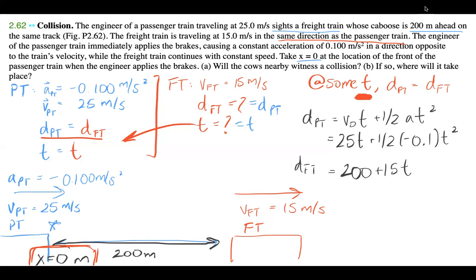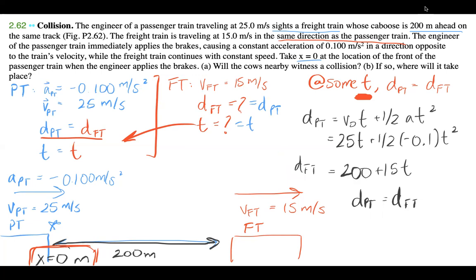So if they're at the same location, it's going to be whatever speed this is going at plus the 200 to account for the distance between them. And that means that these two are going to be at the same location. And so now we just solve for t. So dpt is equal to dft.